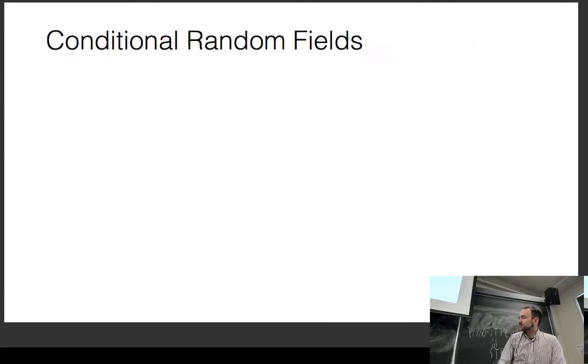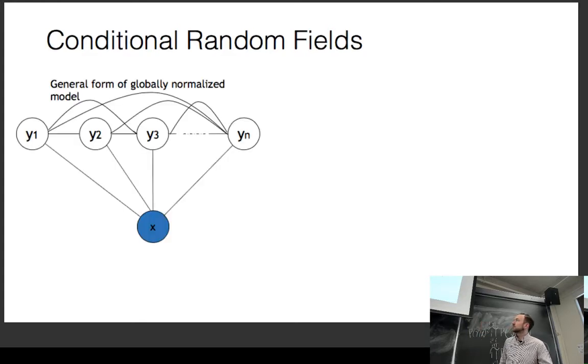So what conditional random fields do, there are other models with local dependencies, but conditional random fields are maybe the best example of them, is basically they calculate scores based on only a subset of the decisions that you make. And by doing this, you can more easily calculate your scores in an exact way.